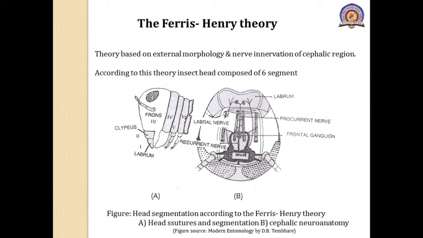Actually, this theory is discarded by several workers for a simple reason: the head sutures are merely a secondarily developed unsclerotized region, or lines formed due to internal ridges. They may appear simply as a line of weakness, allowing the emergence of the succeeding instar from the old exuvia during the process called molting or ecdysis.